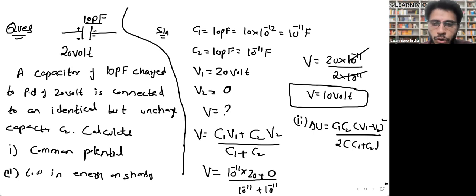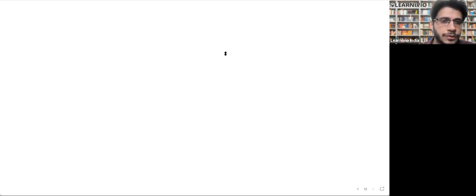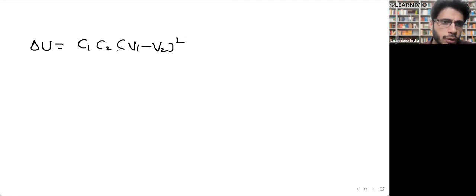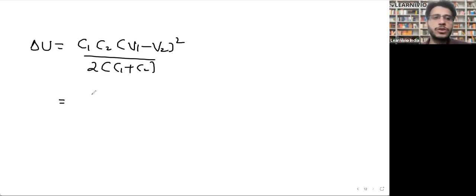See, when I substitute all values, yes, now you are correct. Ahmed and Noor, I think now you are correct. Delta U is C1 C2 (V1 minus V2) square over twice of (C1 plus C2). C1 is 10 raised to the power minus 11, C2 is 10 raised to the power minus 11.